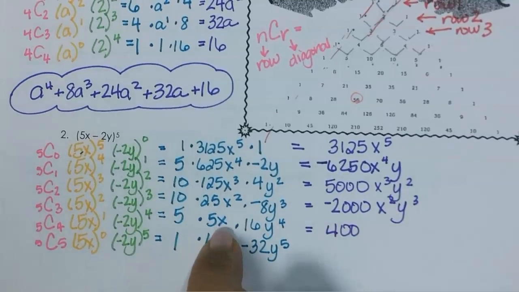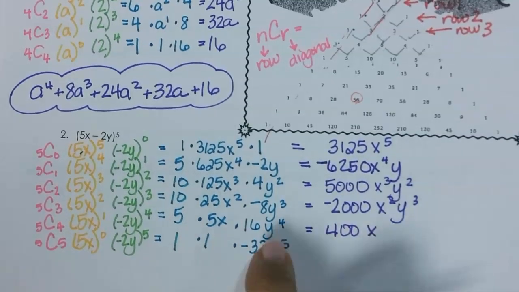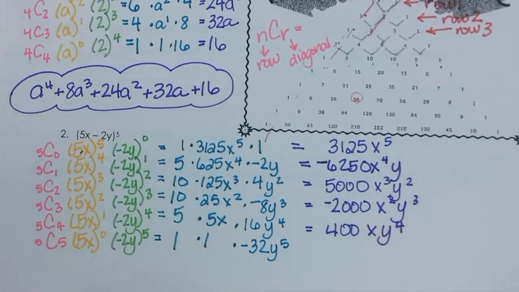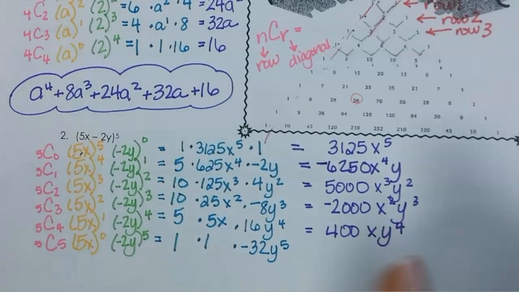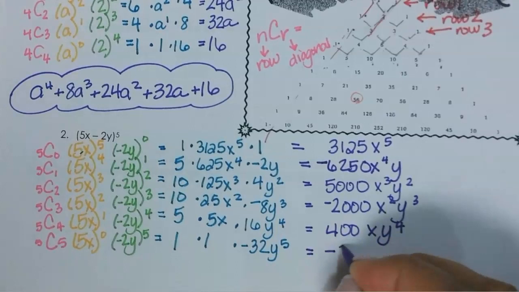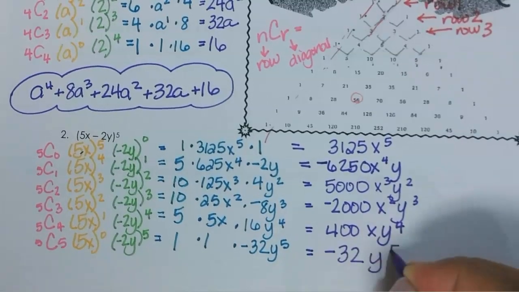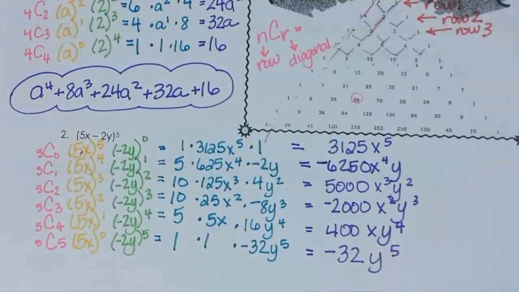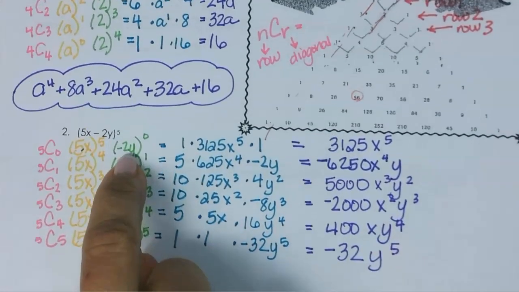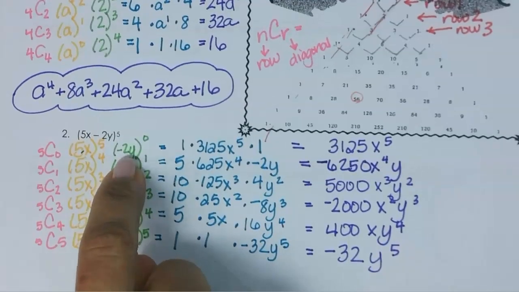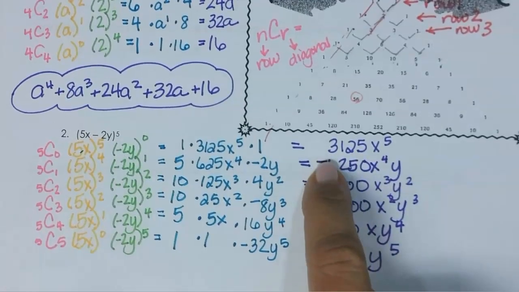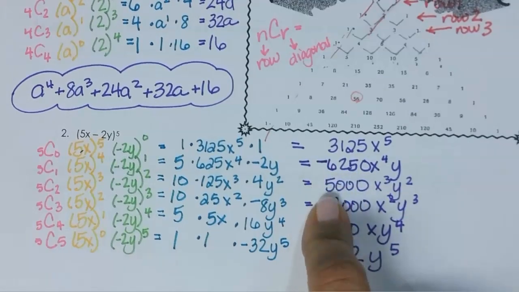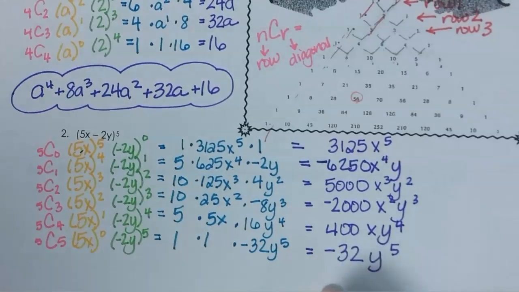And then we have x and y to the fourth. And 1 times negative 32 is negative 32, y to the fifth. So when we use the whole term naturally, like I didn't just use 2y, I used negative 2y, notice that the terms end up alternating naturally because the exponents on those negative powers turned them positive.